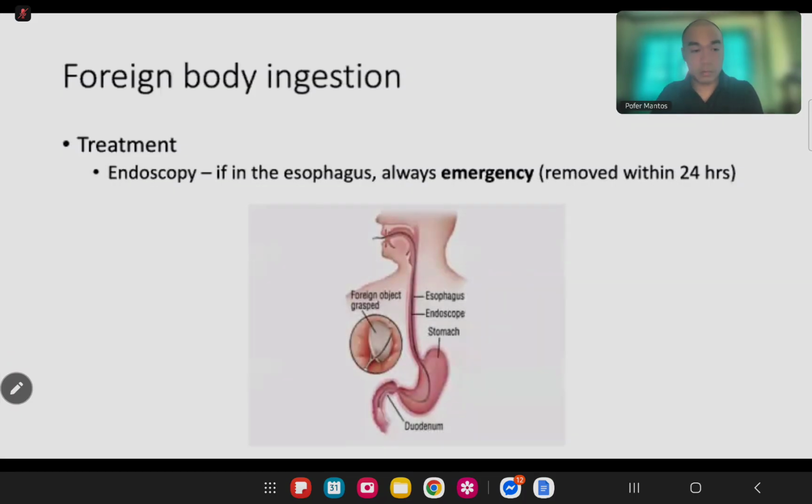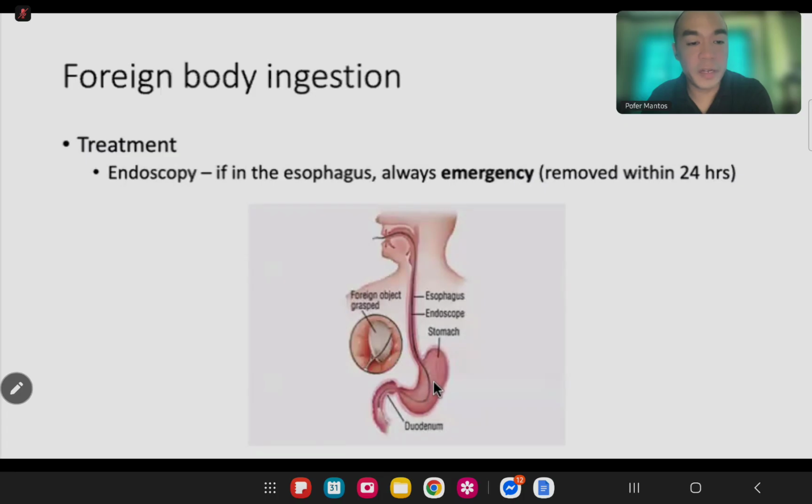For treatment, endoscopy should be done, depending on the urgency of the case. If the foreign object is in the esophagus, it should be removed within 24 hours.